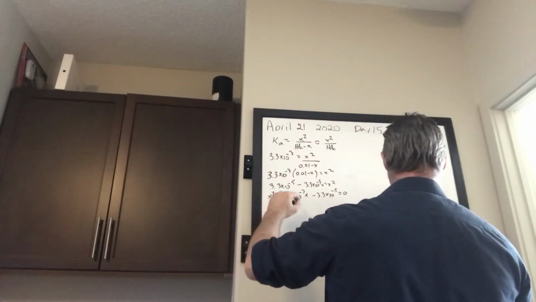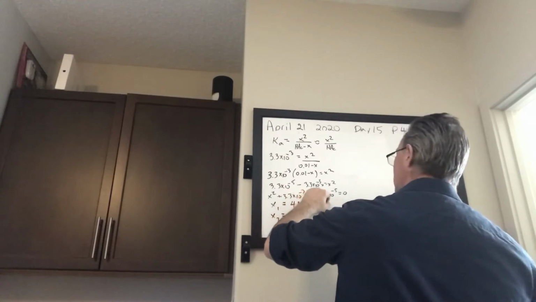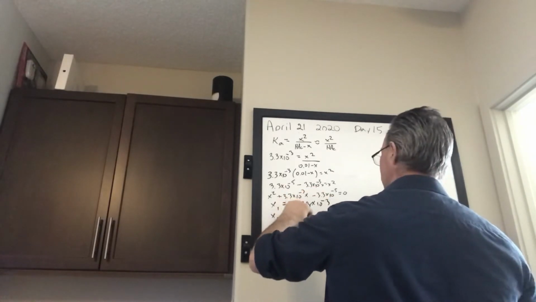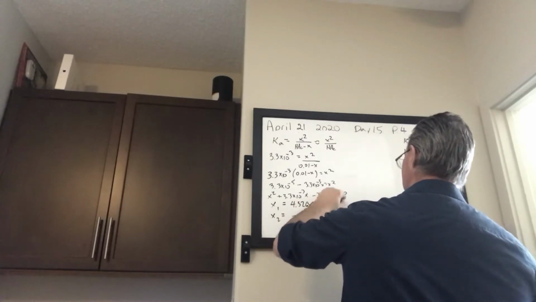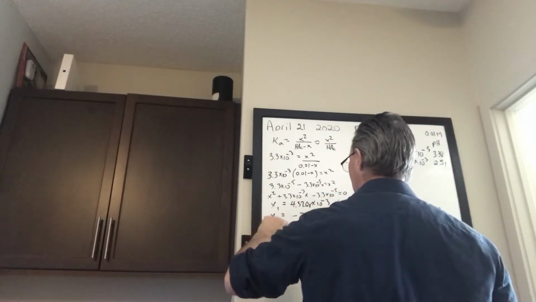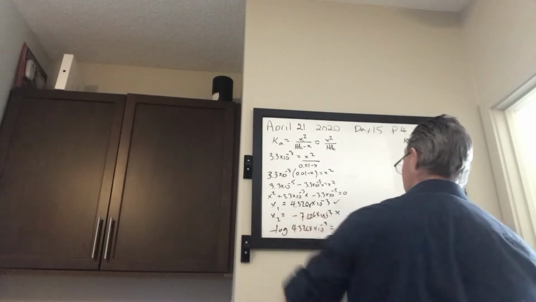You get 4.3268 times 10 to the negative 3 and negative 7.6268 times 10 to the negative 3. This is the correct one. Use that. Negative log of 4.3268 times 10 to the negative 3 is going to give you the pH.